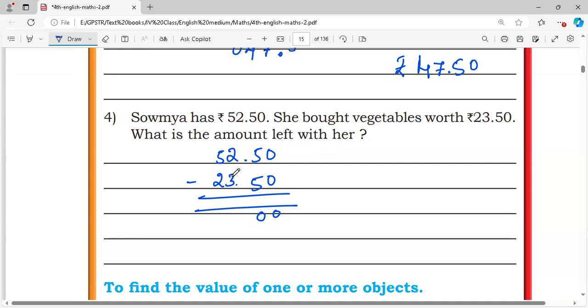Take a 10 from the nearby house. This becomes 12. 12 minus 3, 9. Carry 1. 5 minus 3, 2. 29 rupees 0 paise.